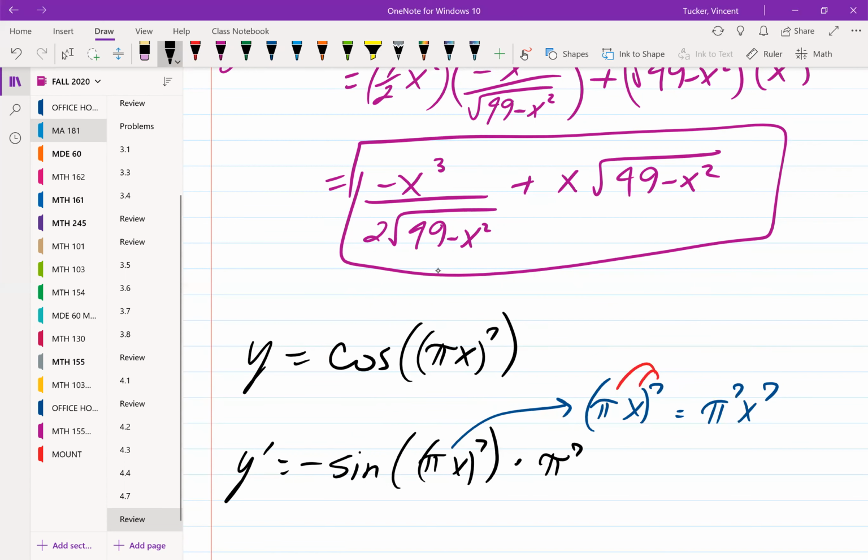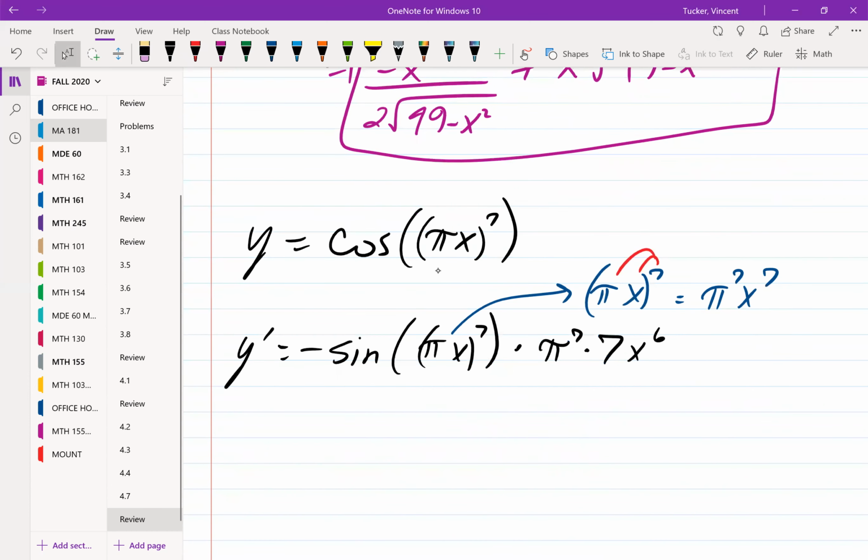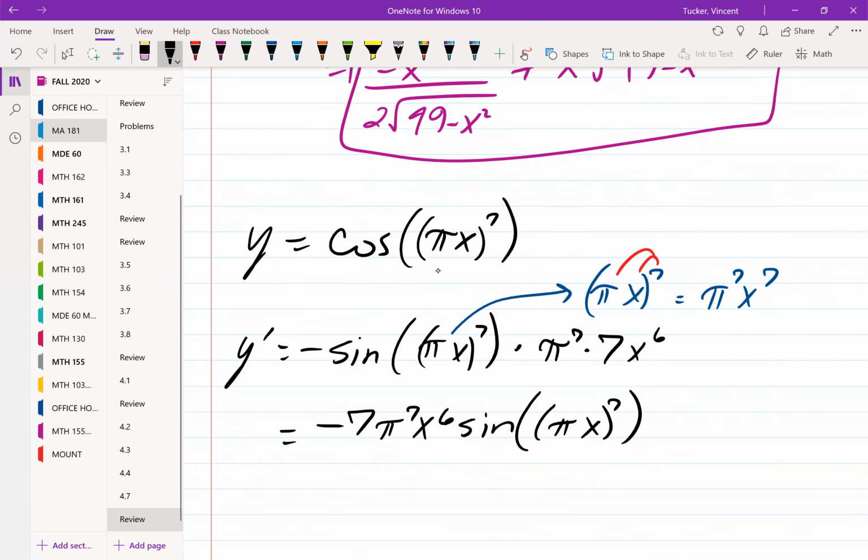So it's pi to the 7th times 7 x to the 6th. Now we can simplify this, bring all the stuff to the front, and it should be negative 7 pi to the 7th x to the 6th times sine of pi x to the 7th. So that should be an answer there.